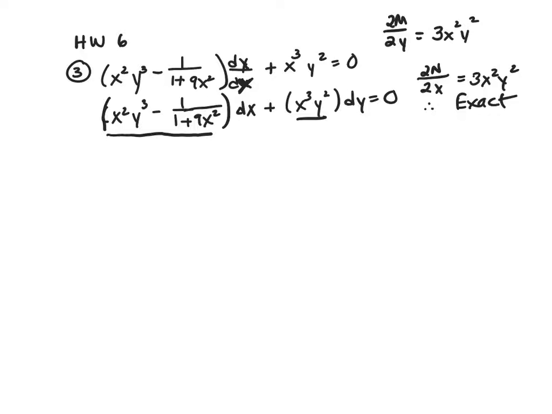Alright, so the first term definitely looks the worst, so that's the one I want to integrate. So I want to integrate x, let me see, I'll write a separate step. Minus 1 over 1 plus 9x squared dx.